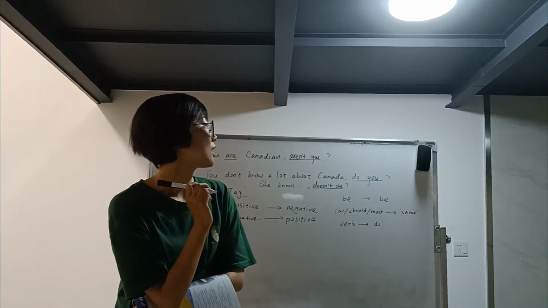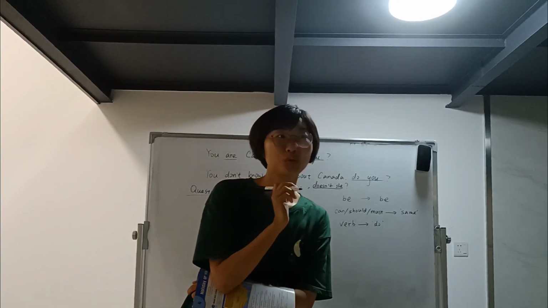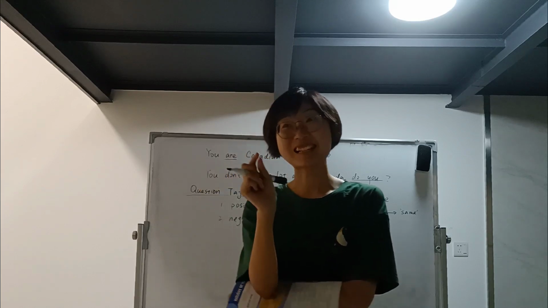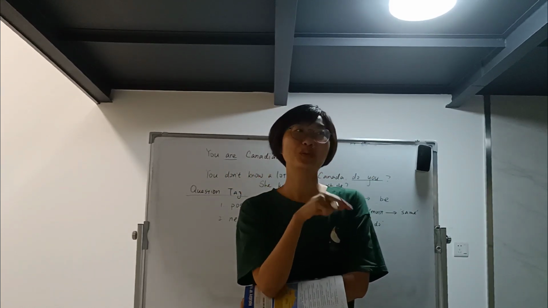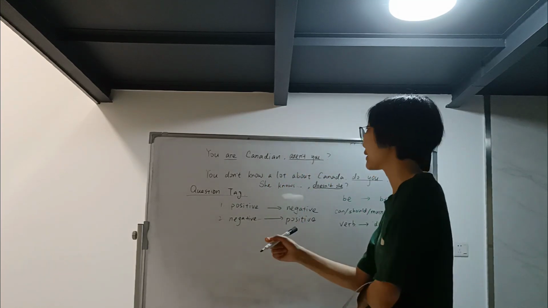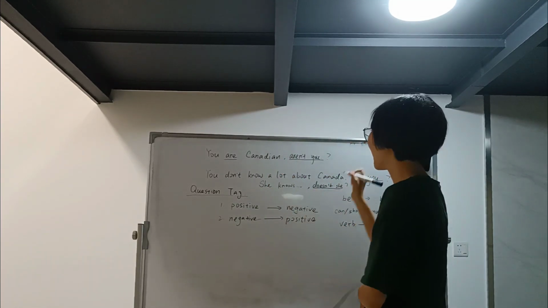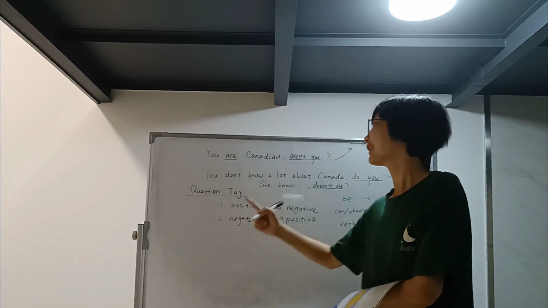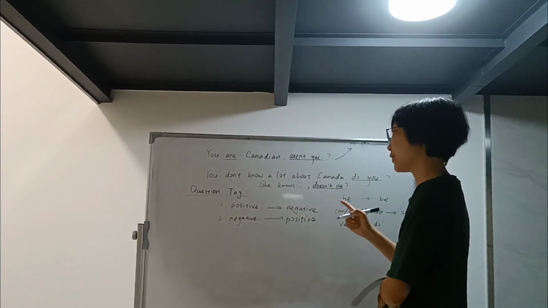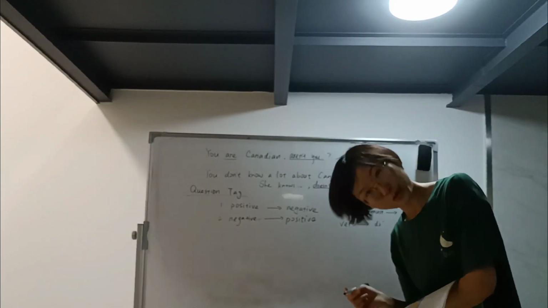You don't know a lot about Canada, do you? Right, this is the difference. So the first sentence, you are Canadian, aren't you? The voice goes up. The second one, you don't know a lot about Canada, do you?